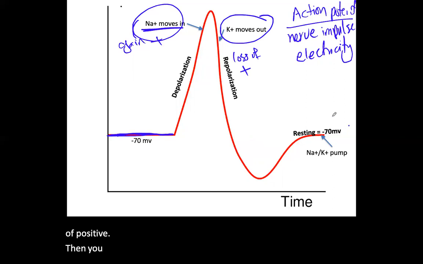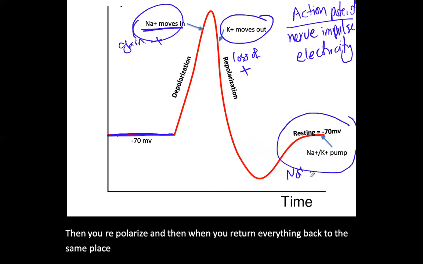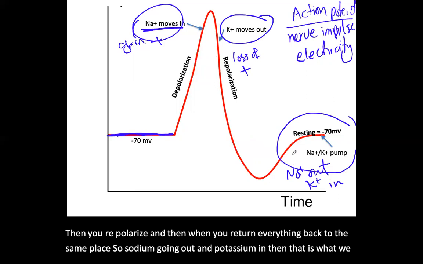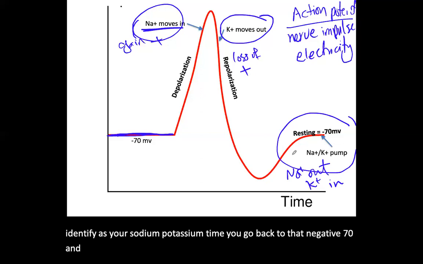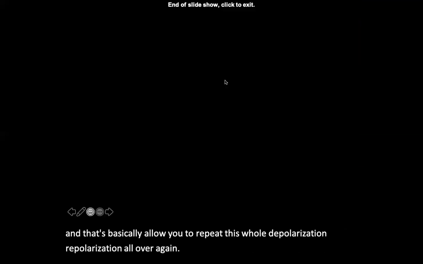And then when you return everything back to the same place, so sodium going out and potassium in, that is what we identify as your sodium-potassium pump. You go back to that -70, and that allows you to repeat this whole depolarization, repolarization all over again. That is all I want you guys to know for the process of action potential.